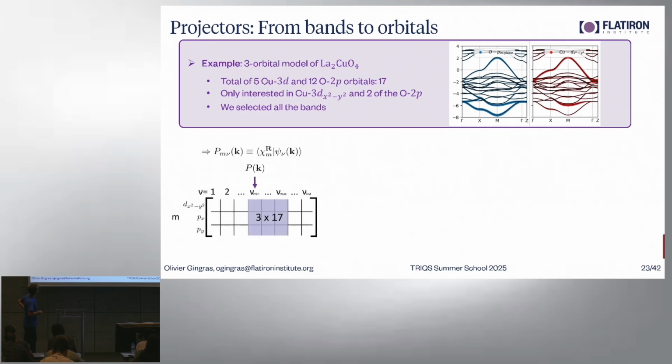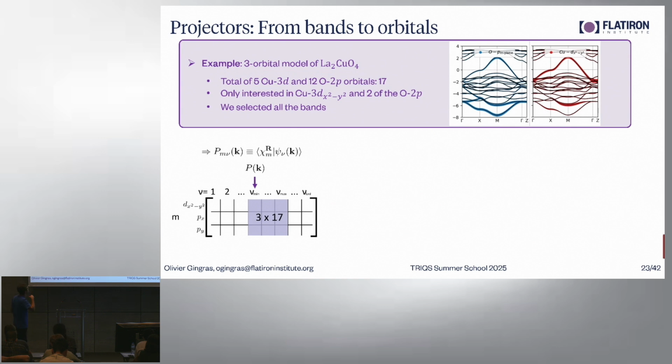So the projector, as I wrote before, is an overlap of the localized orbital with the Bloch waves. These Bloch functions live in the band basis. These live in the orbital basis. So the projector is a rectangular matrix with the dimensions of orbitals by number of bands.